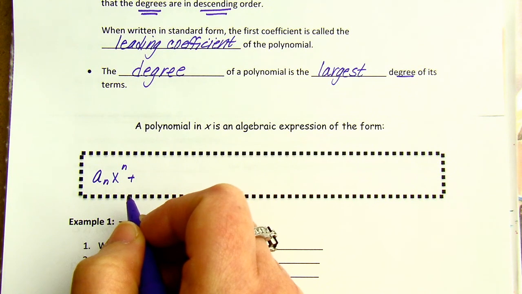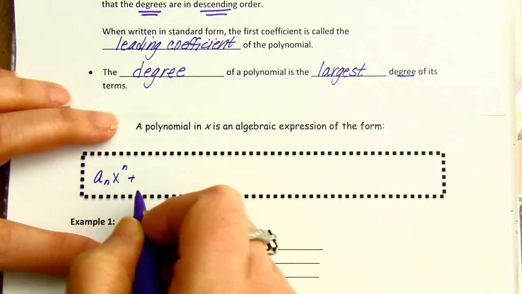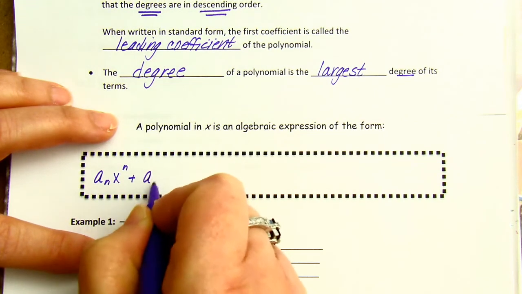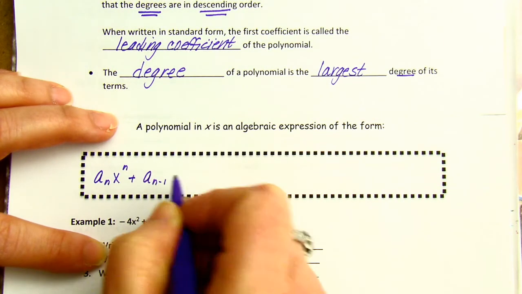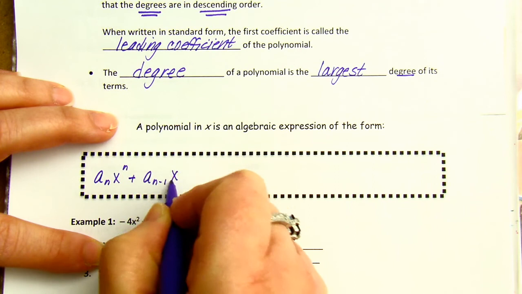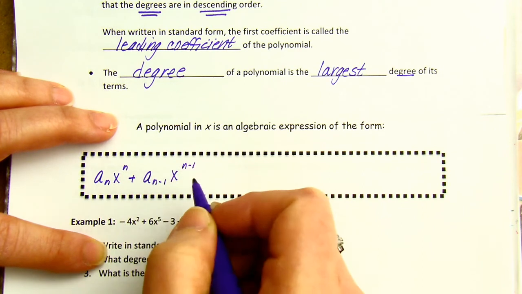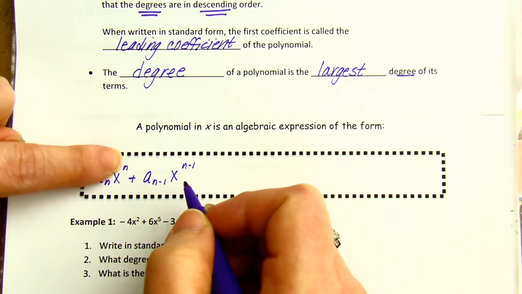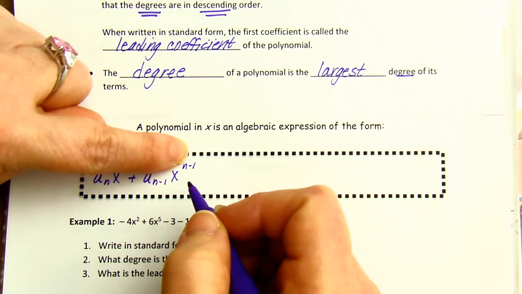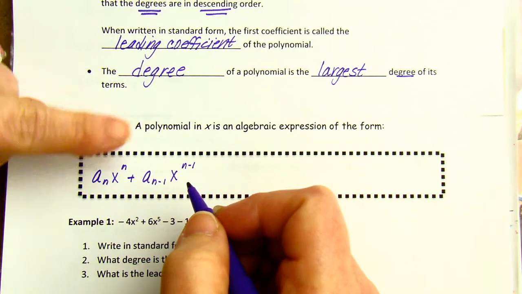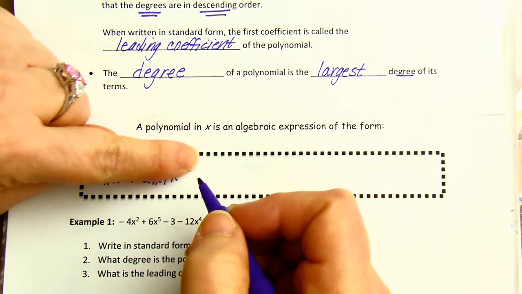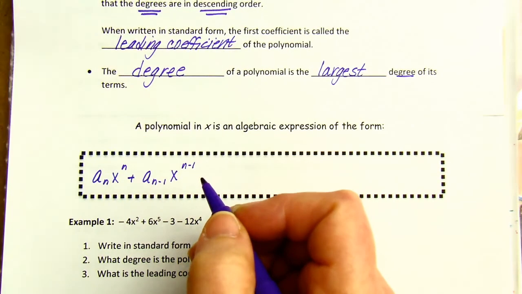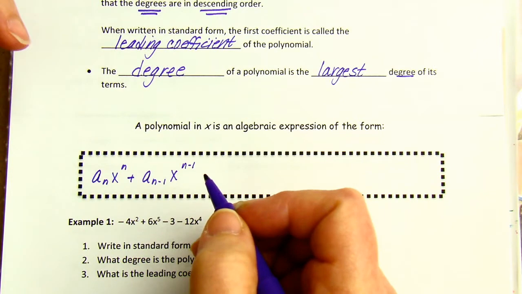If I'm third power and go down to second power, that's a 3 minus 1 or a 2. So this next term in the polynomial is a sub n minus 1 times x to the n minus 1 power, right? Because whatever this is, this has to be 1 less, right? If this was third power, this would be second power, or 3 minus 1. As long as I'm not missing any terms.